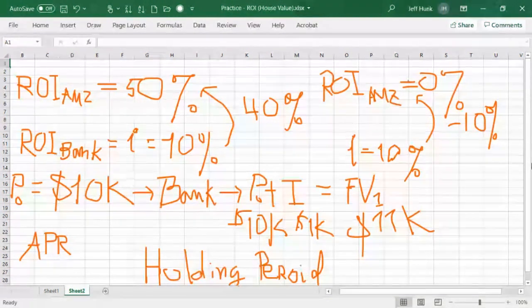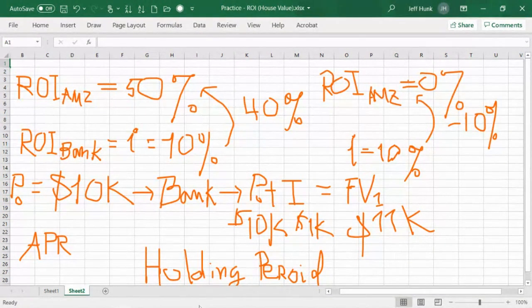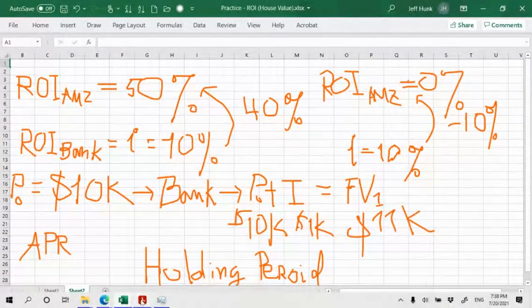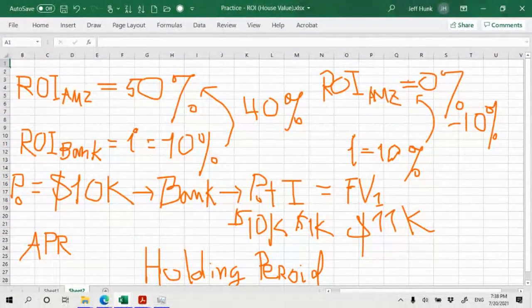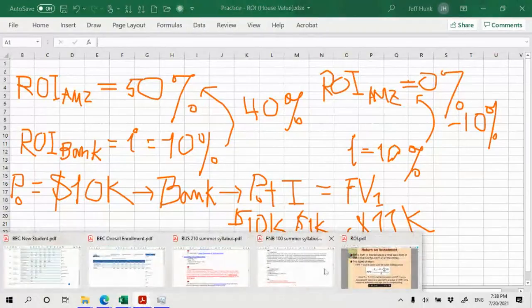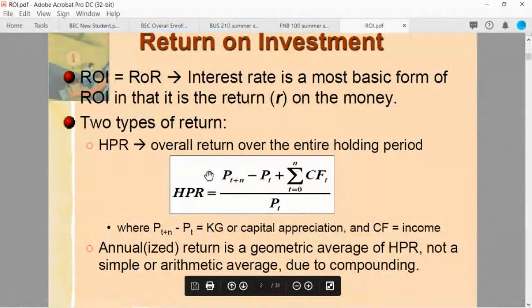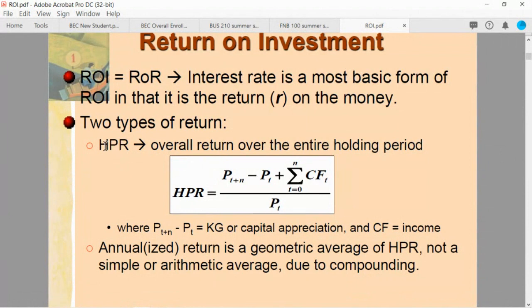So let's go back to the slide. Now you get the idea. You understand what this acronym stands for. What do you think HPR stands for?